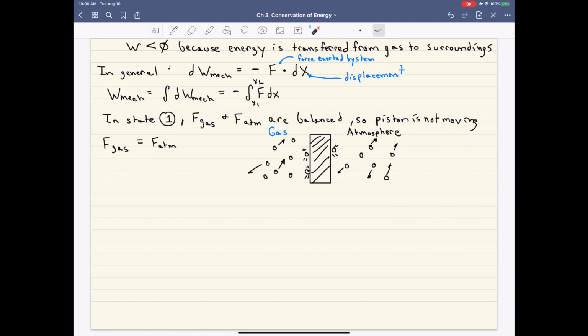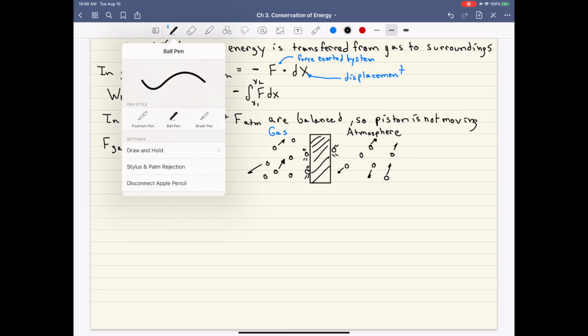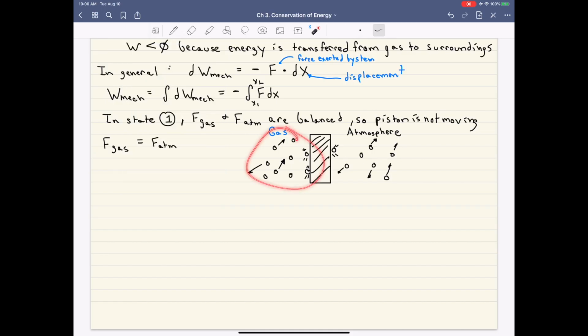Now, we know this statement is true, but we still need to figure out what F gas is. And so when we think of F gas, essentially the molecules have some sort of energy, and they're bouncing into the face of the piston. Okay? All right, and so the way we could estimate the force exerted by the gas is by taking the pressure of the gas and multiplying it by the cross-sectional area of the piston.